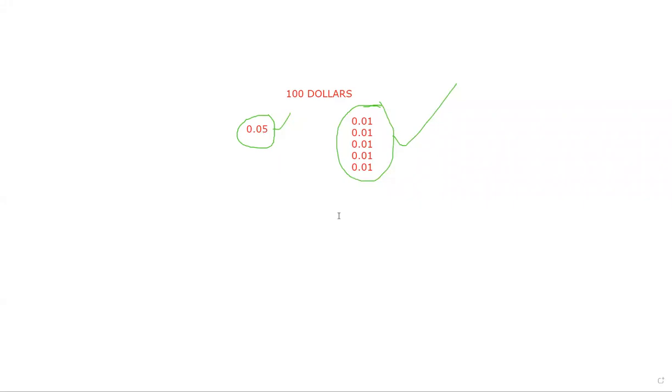Another person can decide to use 0.02, another 0.02, and then a third trade, which is 0.01. So another person can choose to enter 3 trades. 0.02 plus 0.02 will give you 0.04, plus the 0.01 will give you 0.05.